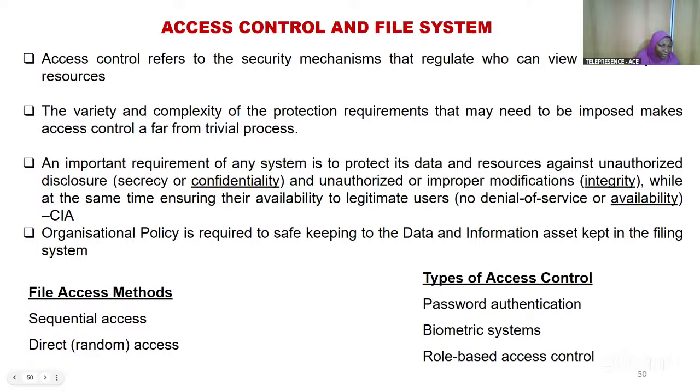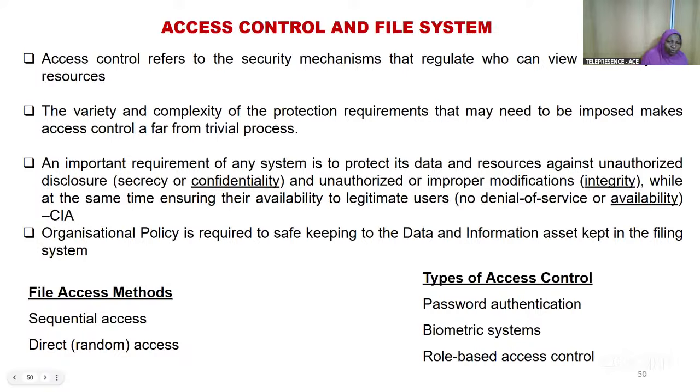It must be available because you are the owner of your data. So your organizational policy must make it possible for you to have access to your assets, and you don't want somebody else who is not a legitimate user to make use of your data and information assets.